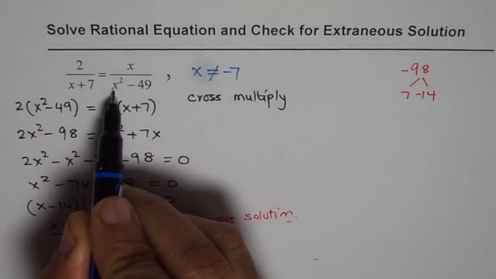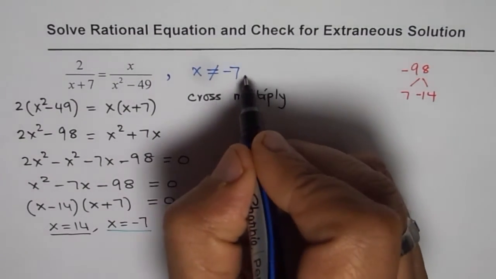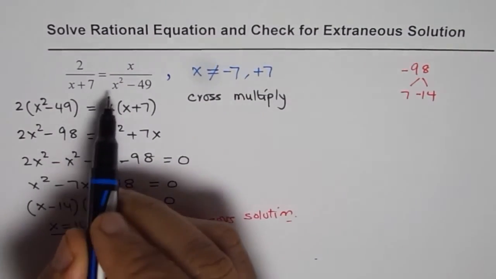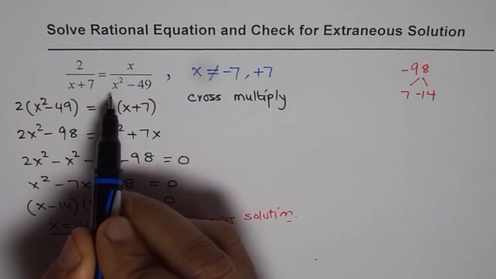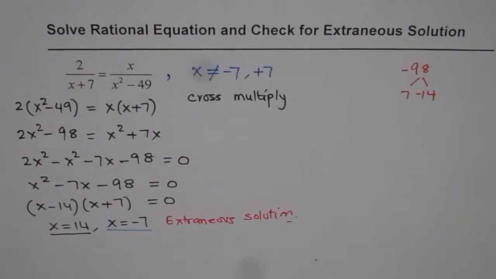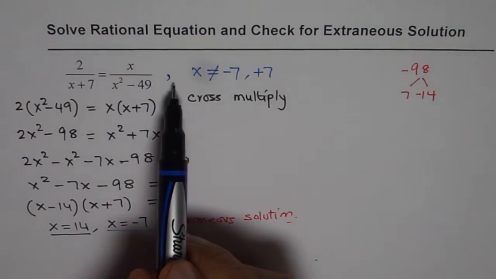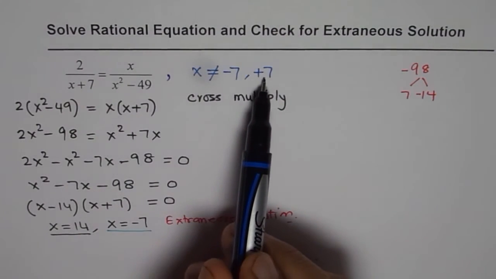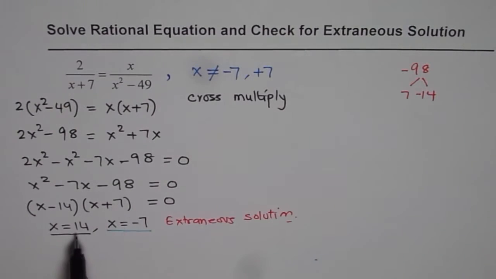The other one is x cannot be plus 7 either, because plus 7 squared is 49 and 49 minus 49 is 0. If you had started with the restriction that x equals plus and minus 7 is not permitted, then we know clearly that this is an extraneous solution. We don't have to go back and check.